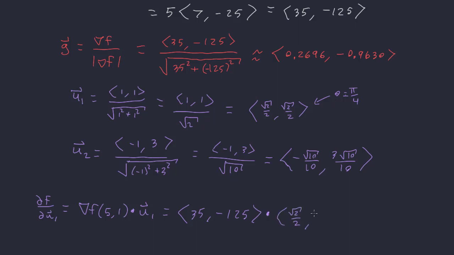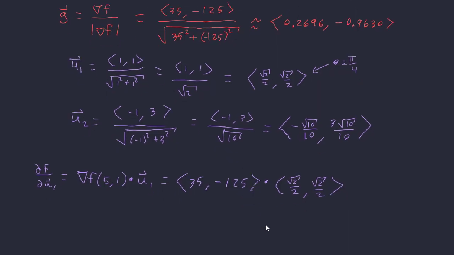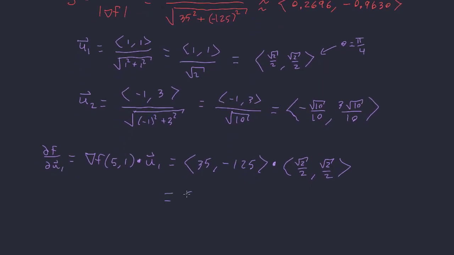And we're going to dot it with square root of 2 over 2, comma, square root of 2 over 2. So this will be 35 times root 2 over 2 minus 125 times root 2 over 2, which is going to end up being negative 45 times the square root of 2.